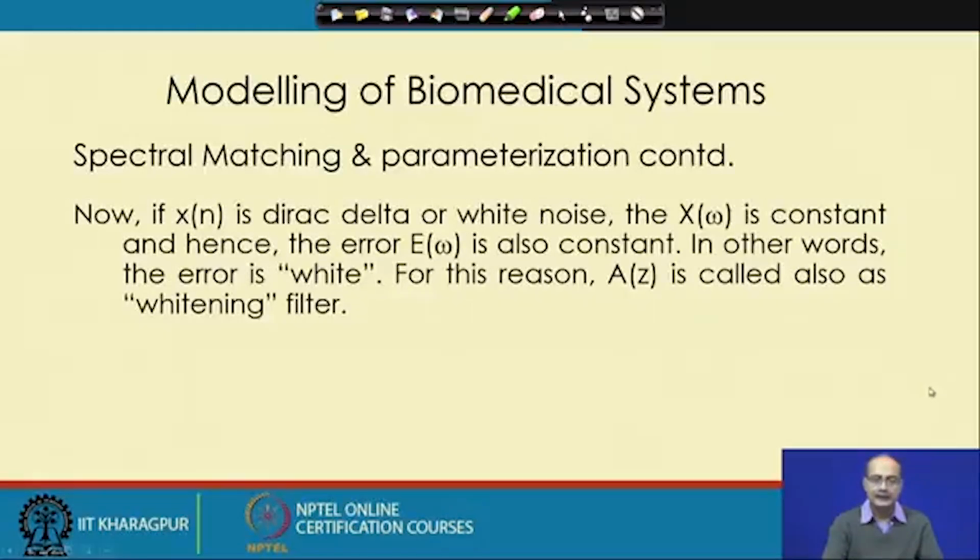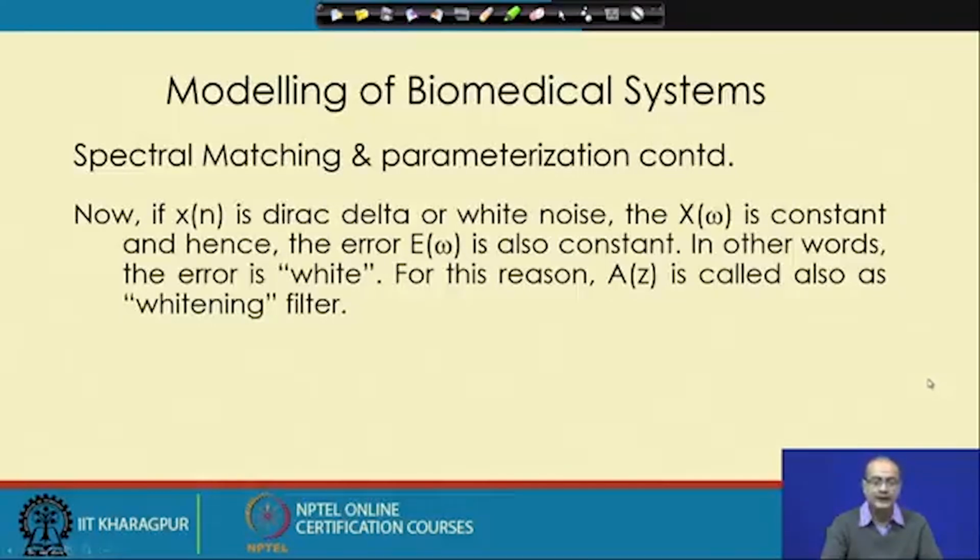Now, in the previous analysis, we have seen that x[n] is either the driving force, an impulse function or delta function, or a white noise, and for that X(omega) is constant. Hence, as E(omega) is also a scaled version of X(omega), it will also have the same characteristics, that means it should be constant over any frequency.